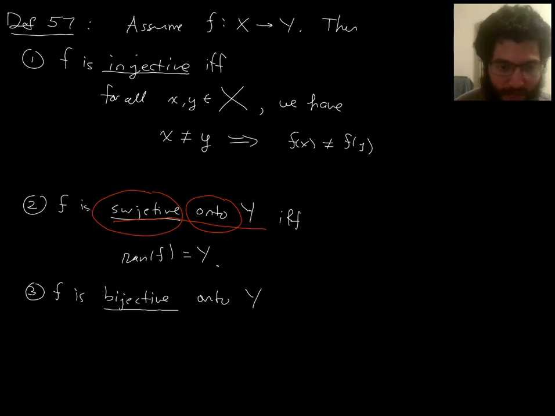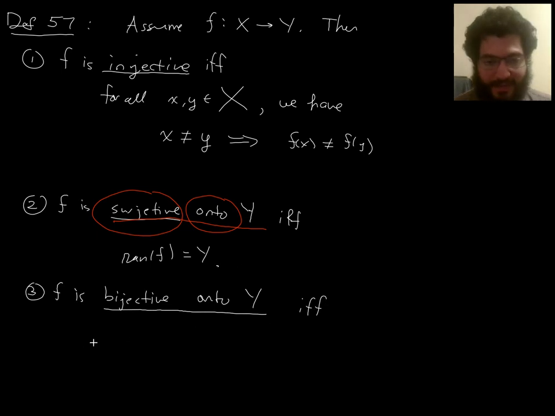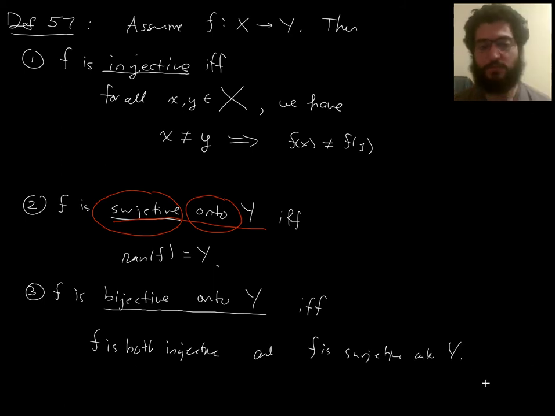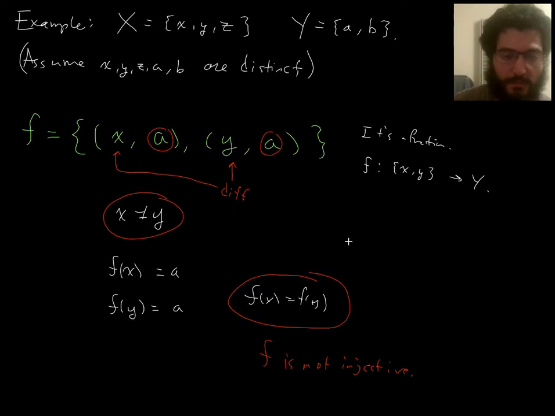So we'll say f is bijective onto Y if and only if, and then it's just the conjunction of number 1 and number 2. f is both injective, that's just something you can say about f, it's injective, period, and f is surjective onto Y. So it's just a conjunction of both.